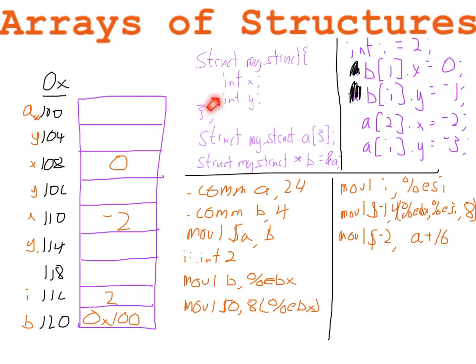So the only thing we need to do for direct indexed addressing is to simply move our index into a register. But we've done that already. Notice that in our C here, nothing's changed from when we first used our index here to here, and our index is already in the ESI register.